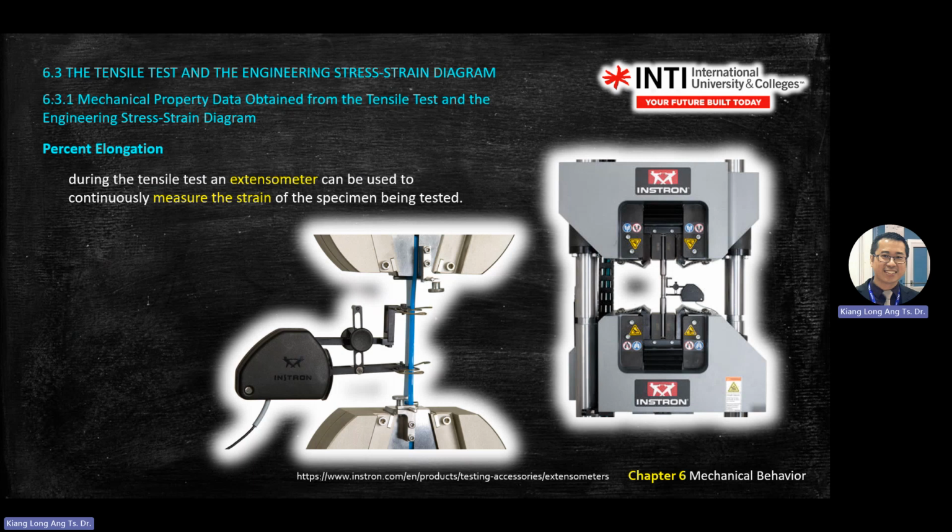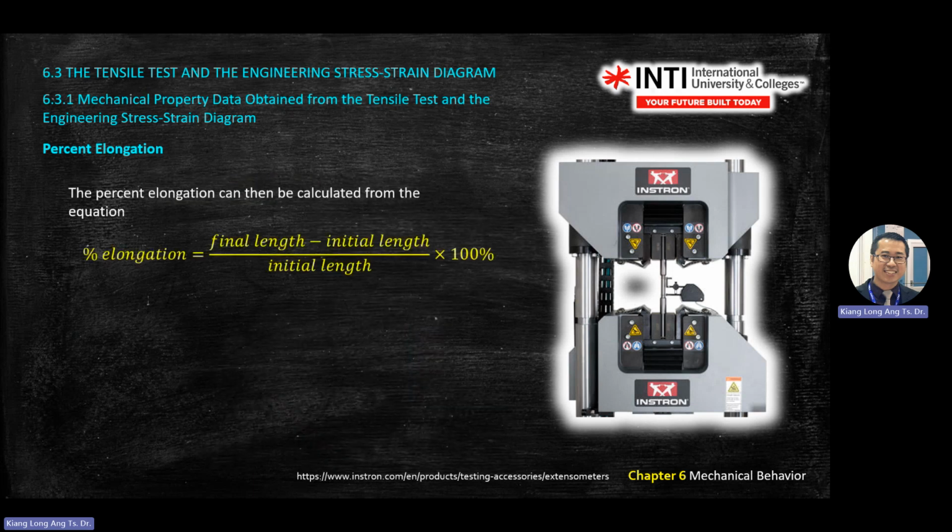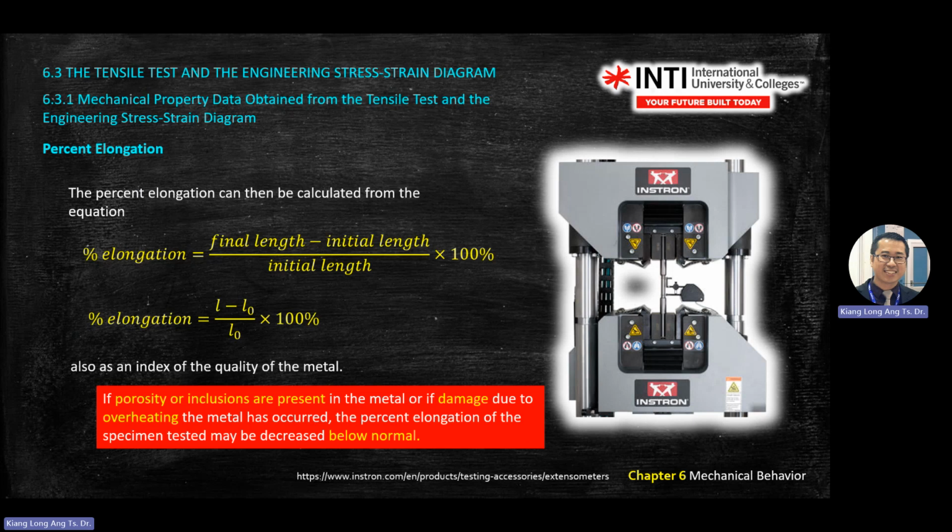You're actually detecting the elongation of the sample. But nowadays, they upgrade the machine. Some of them don't even need an extensometer anymore, because they already install a sensor in the arm here. So elongation, you already learned how to find percentage of elongation, which is the strain.